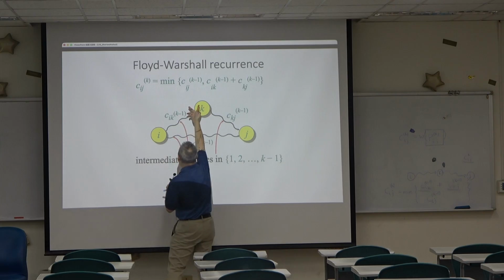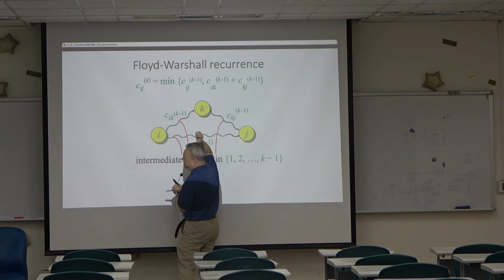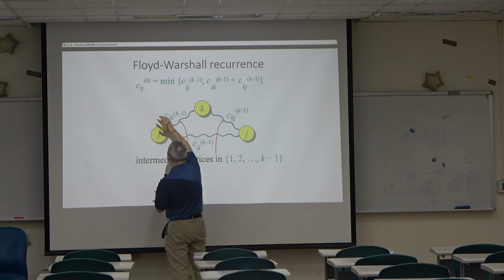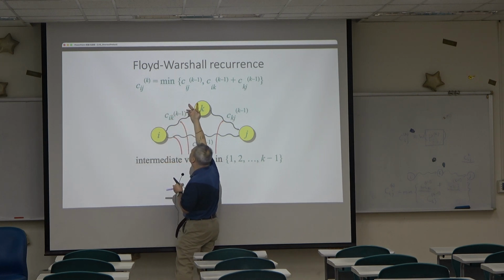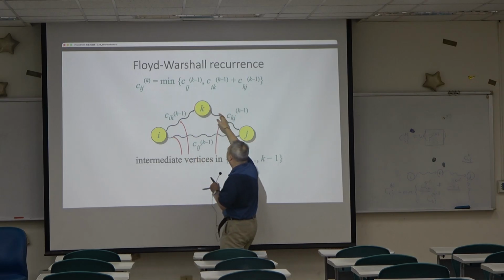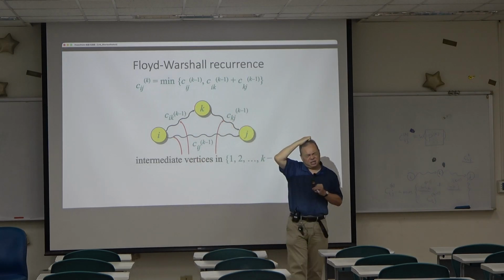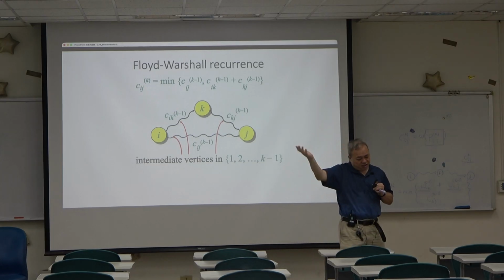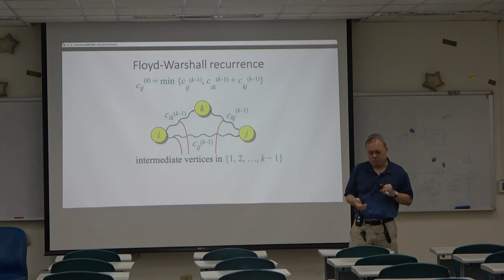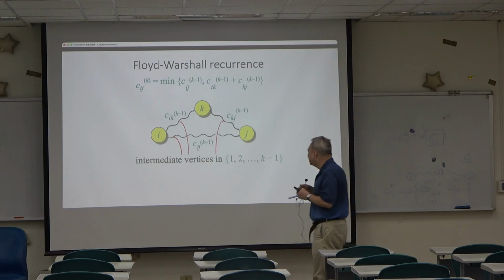So the first part is the shortest path to go from i to j with intermediate nodes smaller than or equal to k, the possibility that does not involve k. The second possibility involves k. So it is either one of these two cases, and that's it.